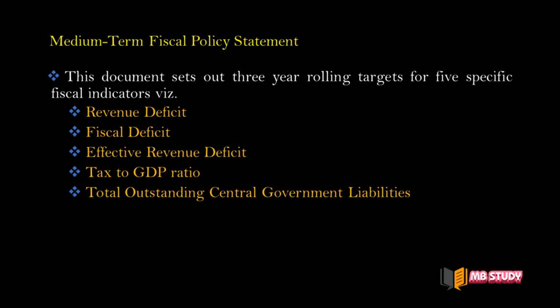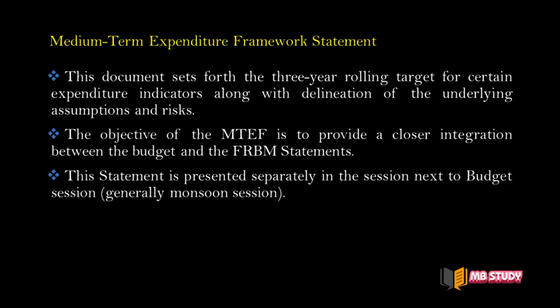Medium-term Fiscal Policy Statement. This document sets out 3-year rolling targets for 5 specific fiscal indicators. They are: revenue deficit, fiscal deficit, effective revenue deficit, tax to GDP ratio, total outstanding central government liabilities. Medium-term Expenditure Framework Statement.